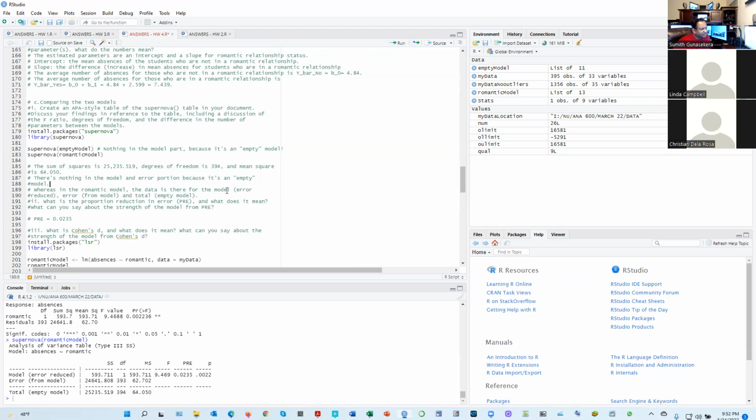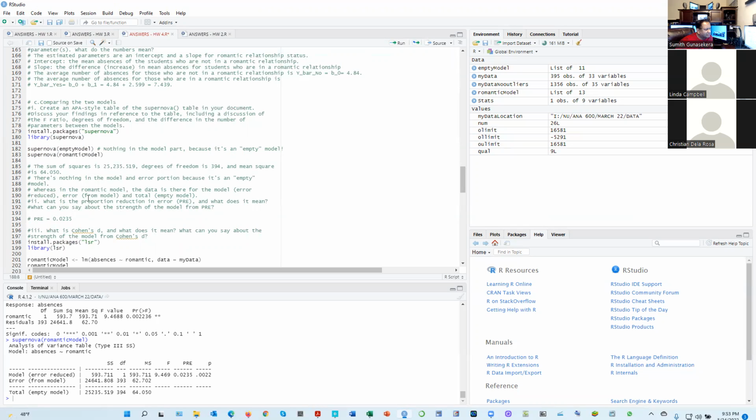So I'm going to add something here very clearly. Whereas in the romantic model, the data is there for the model. Error reduced. It's not right.